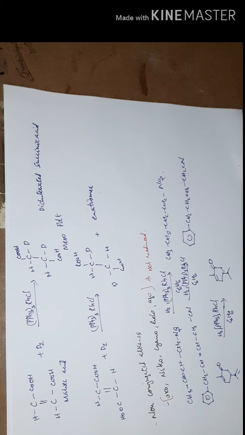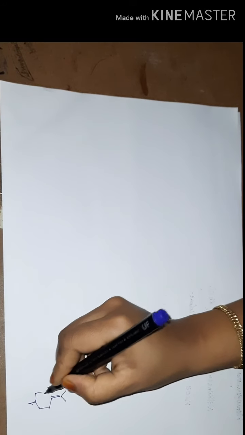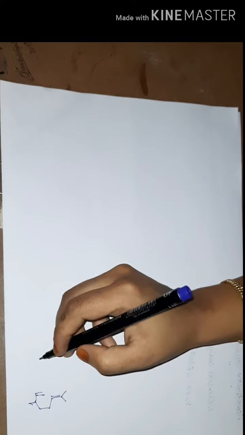Okay. Then one more important factor is, if we have an alkene or unsaturated hydrocarbon having mono or di substituted double bonds, generally mono and di substituted double bonds are reduced as compared with tri and tetra substituted double bonds. One example, suppose this is the example.